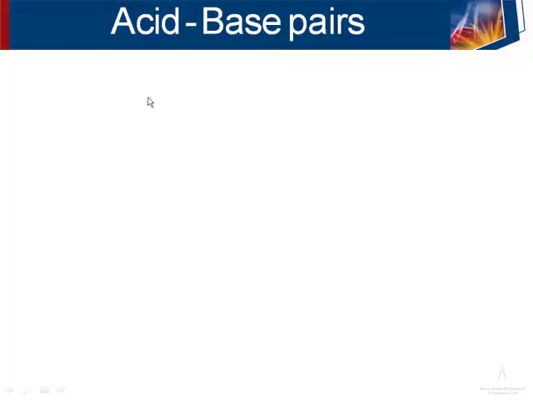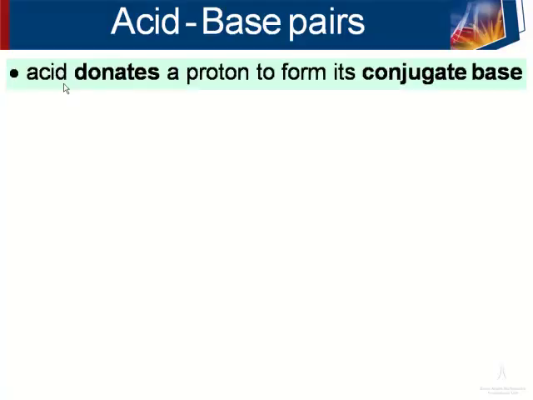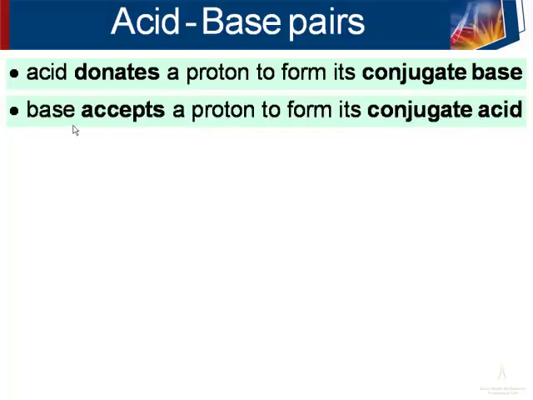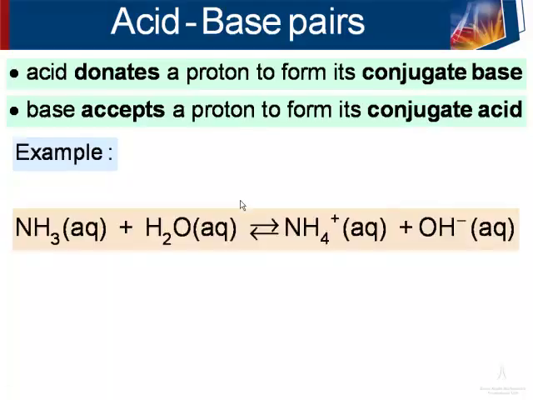If you look at how these conjugate acid-base pairs form, basically an acid donates a proton to form its conjugate base, and a base accepts a proton to form its conjugate acid. To explain this, let's use this example, ammonia reacting with water.